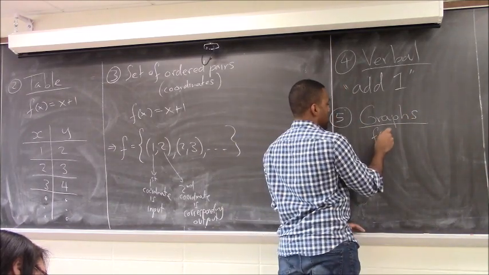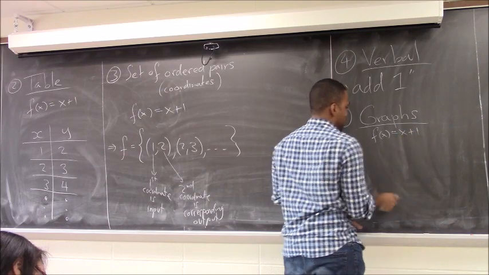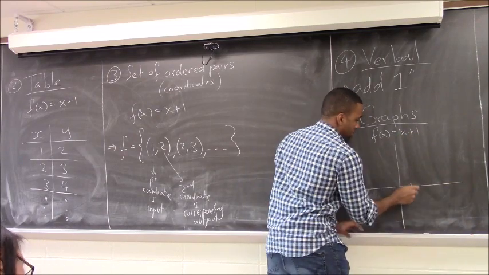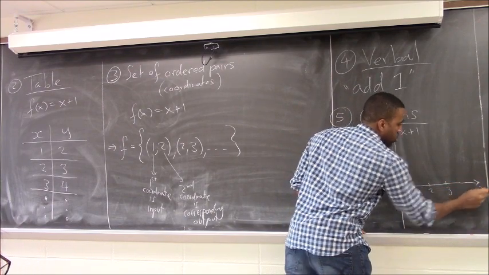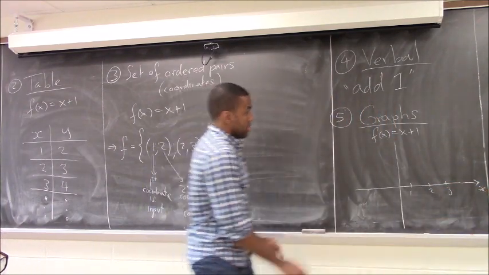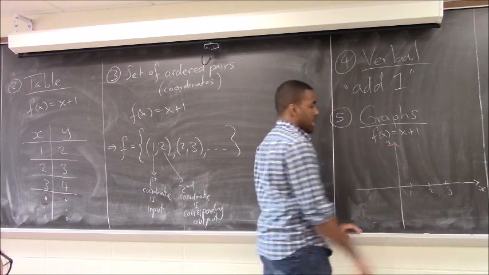So for example, if I have the function f of x equals x plus 1, the independent variable always goes on the horizontal axis. The dependent variable goes on the vertical axis.